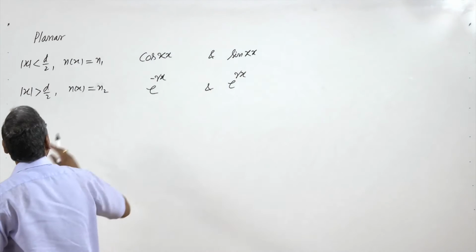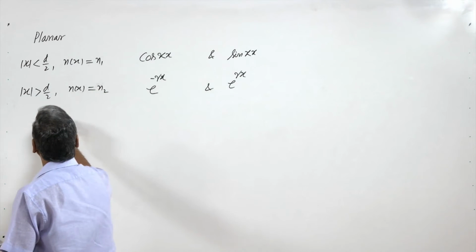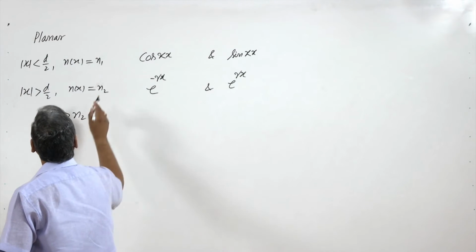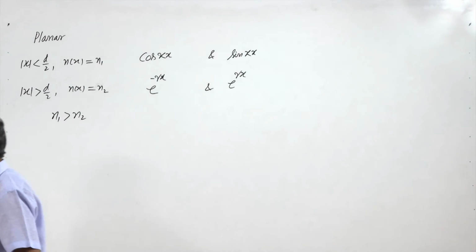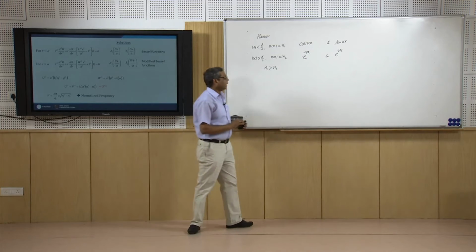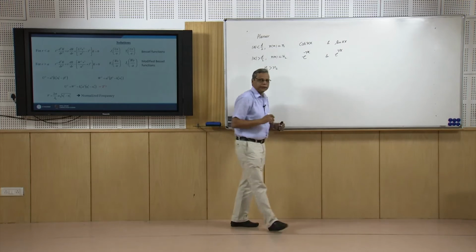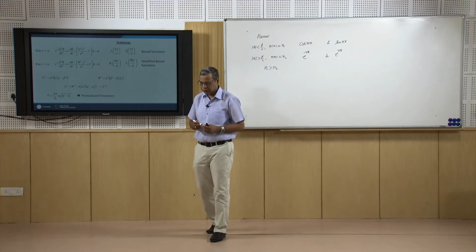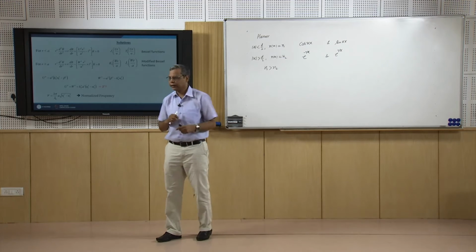So, I had oscillatory solutions in the high index region because n1 is greater than n2, and exponentially decaying solutions in the low index region, so that the energy is confined in the high index region.